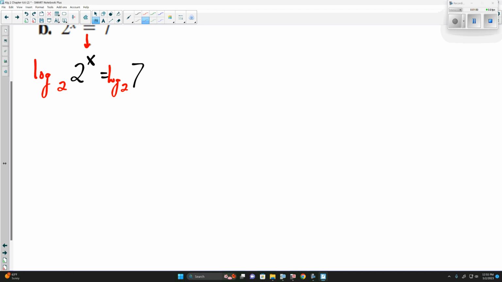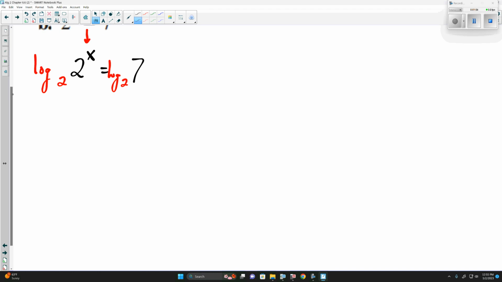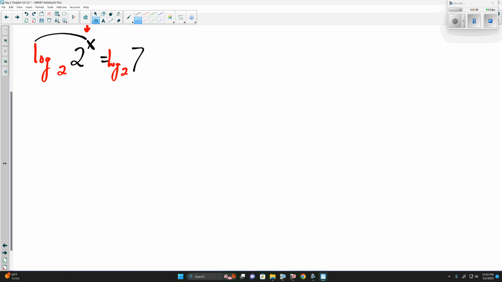So we're going to use log base 2 and apply it to both sides. Now, the power property of logarithms says I can take the exponent and move it to the front, telling us that we have x times log base 2 of 2 is equal to log base 2 of 7.